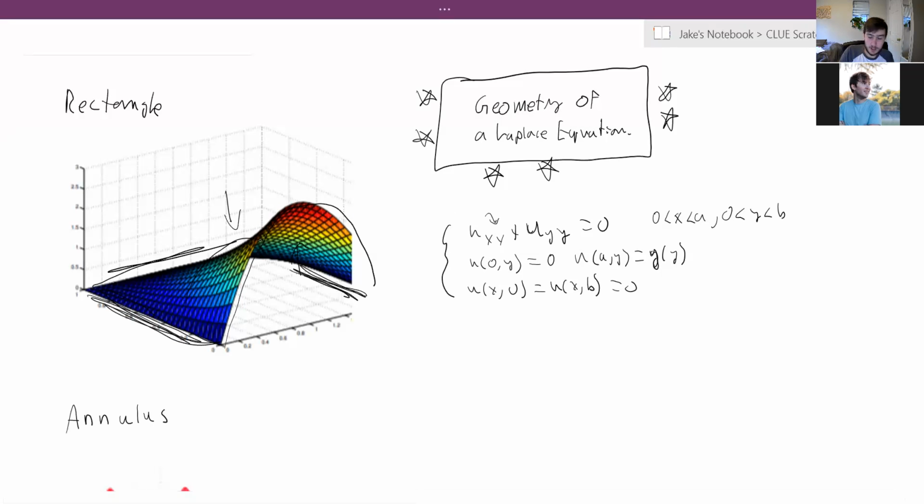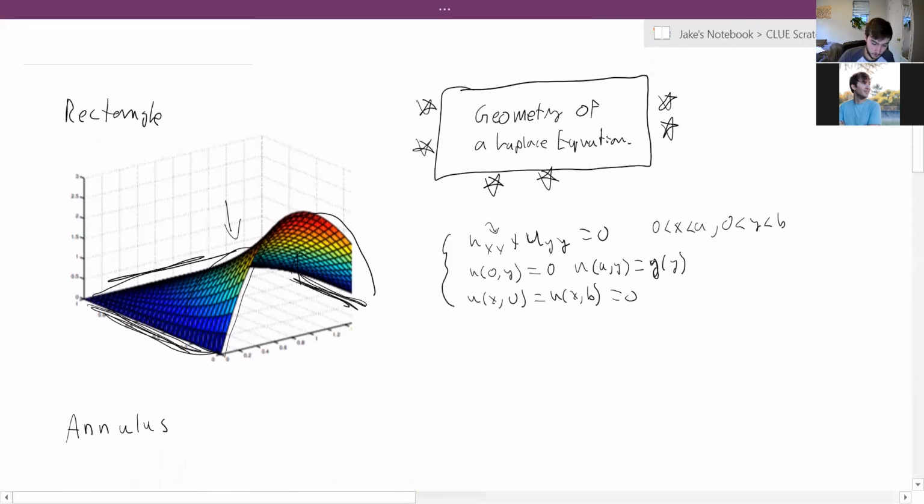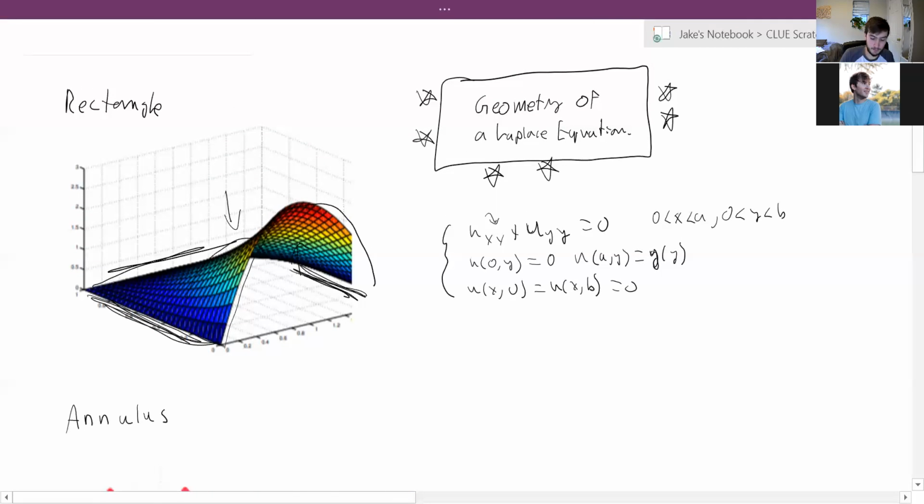Honestly, that's pretty much all I wanted to say about it. I just wanted to say that it's very easy to get caught up in the algebra here and not take a step back and think, okay, what are we doing, right? But that's really what we're doing.